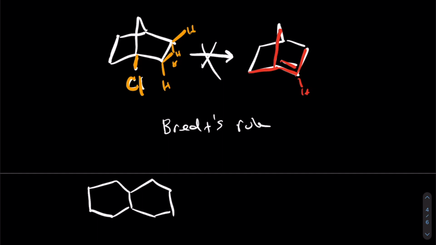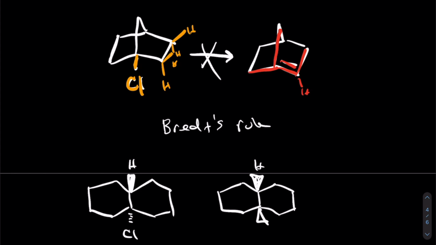And what Decalin has is you can have two different isomers. All right. One is trans Decalin. Say, for instance, you have a chlorine there, and a cis Decalin, where you have a configuration that looks like that.